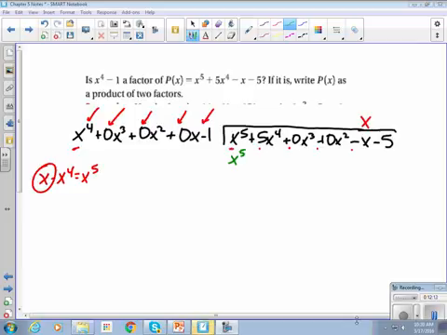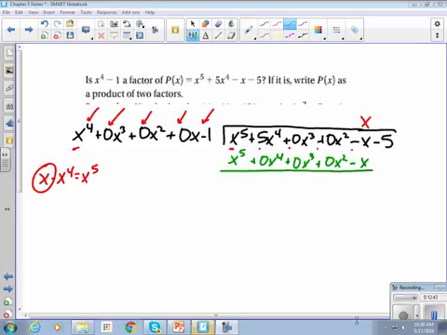X times 0x to the third is 0x to the fourth. X times 0x squared is 0x to the third. X times 0x is 0x squared. X times negative 1 is negative x.